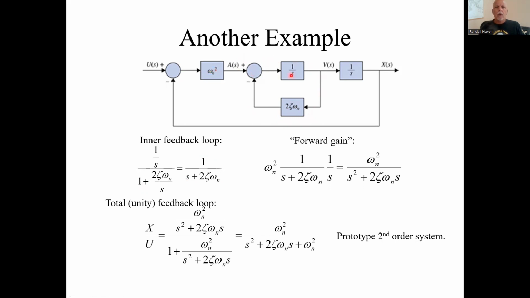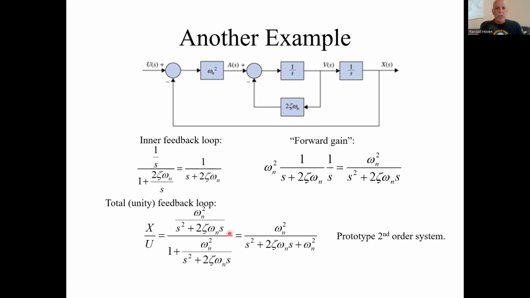Then I have 3 processes in series. So the overall transfer function of this whole forward path will be omega n squared times this guy's transfer function, which we just said was that, times this thing, 1 over S. And now this becomes the new G of the whole thing. H is 1.